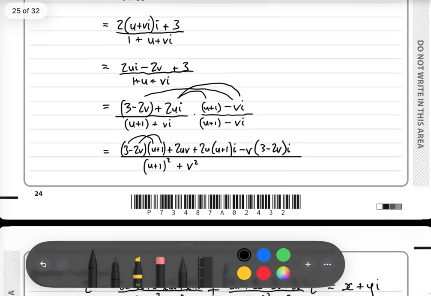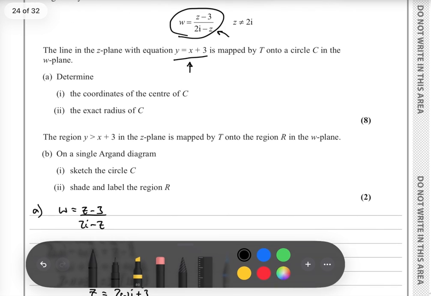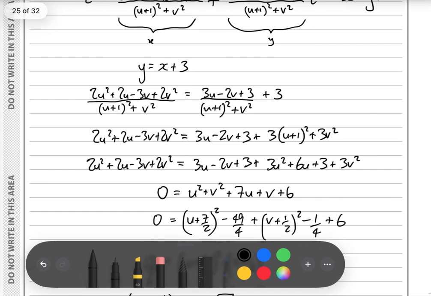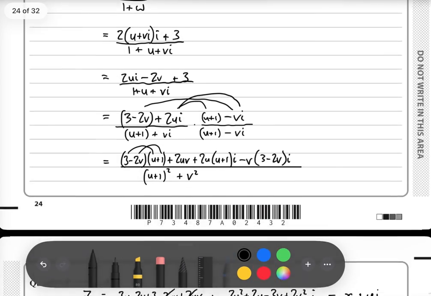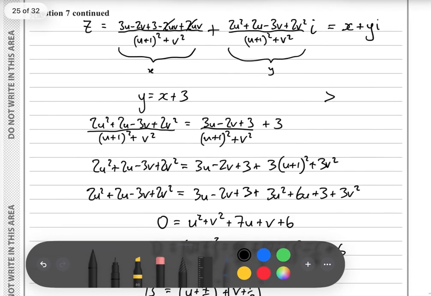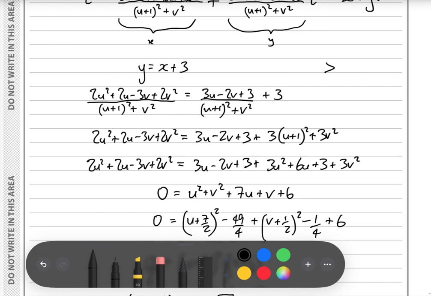Okay, next part. The region y is greater than x plus 3 is mapped by T onto the region R. On a single Argand diagram, sketch the circle, shade and label the region. Okay, we're just going to follow through everything that's written with the inequality sign.